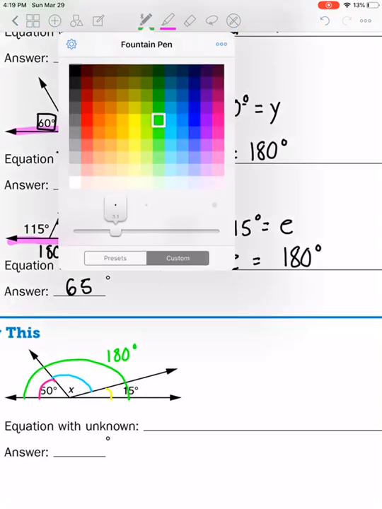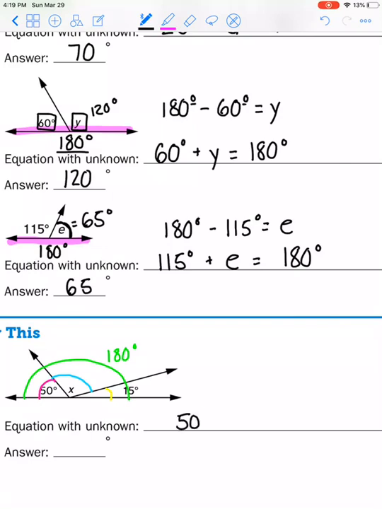So your equation with the unknown would be 50 degrees plus X plus 15 degrees equals 180 degrees. Now, 15 plus 50 is 65.